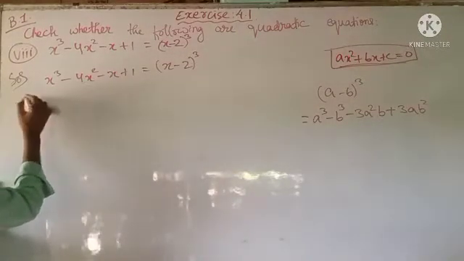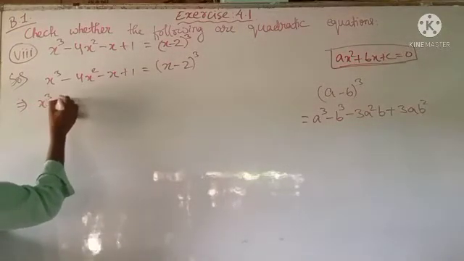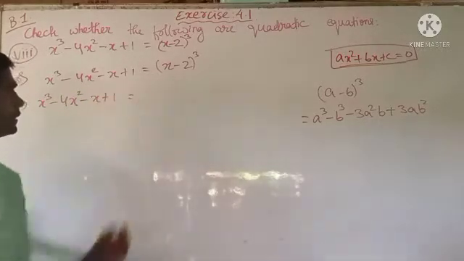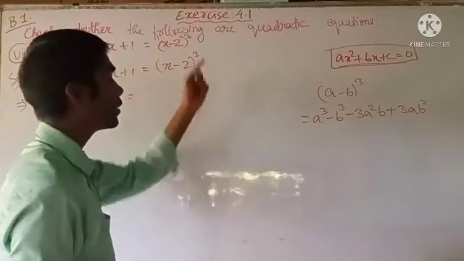So here x cube minus 4x square minus x plus 1, here it is of the form that is a minus b to the whole cube.